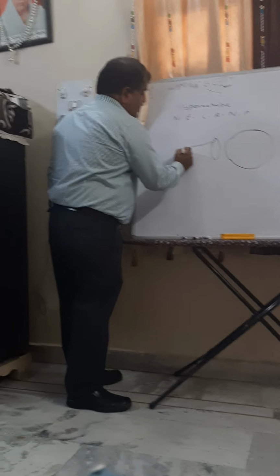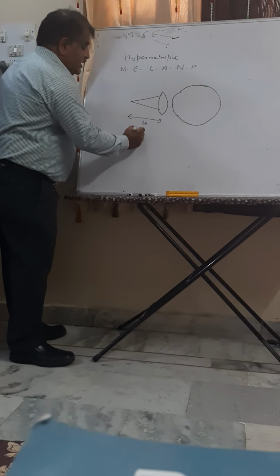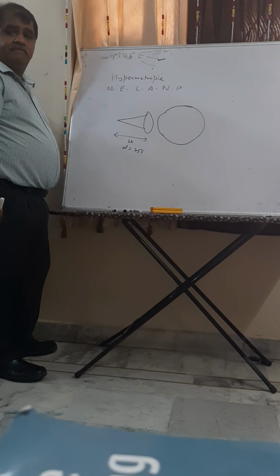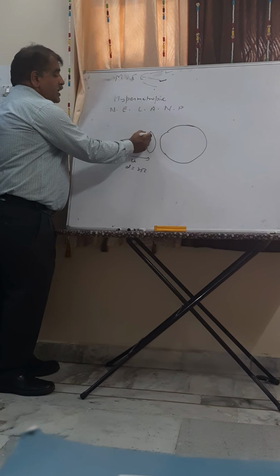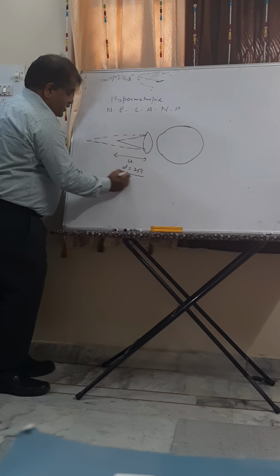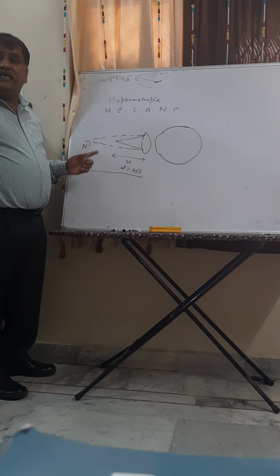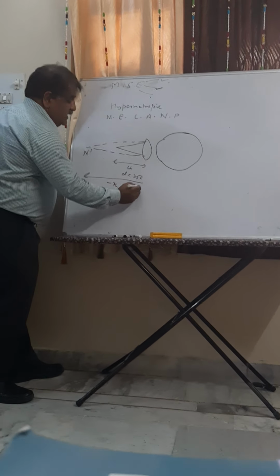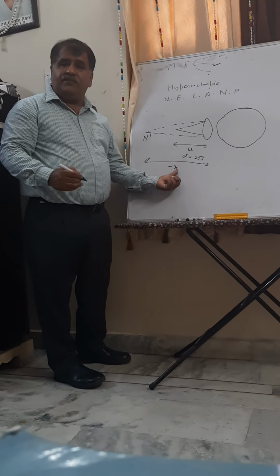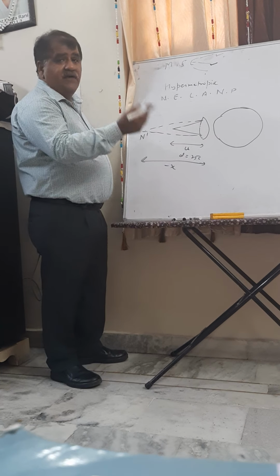Now the object is placed at 25 centimeters. This is the object distance, placed at the least distance of distinct vision, that is 25 centimeters. Now this lens forms a virtual image on the defective near point. Let us take this distance as minus X. X is the distance of the defective near point, minus because it is before the lens, not after the lens.